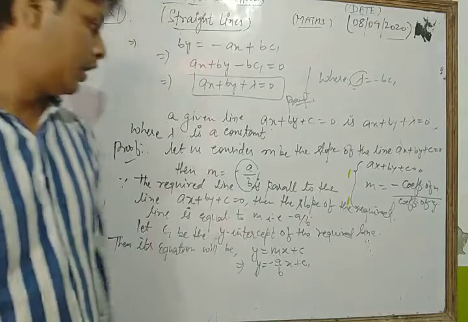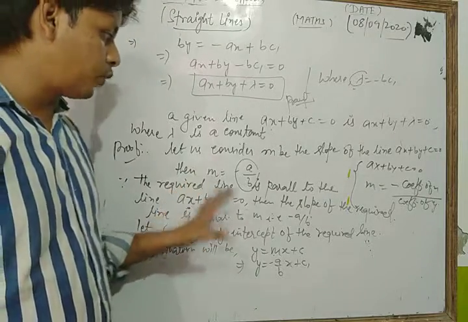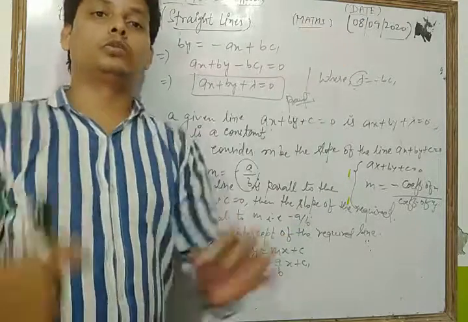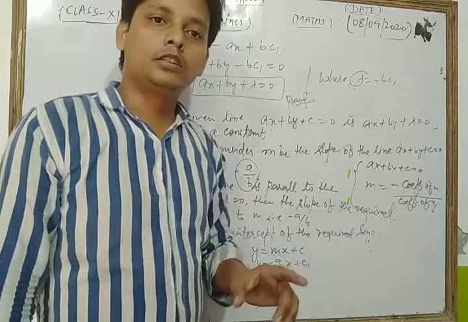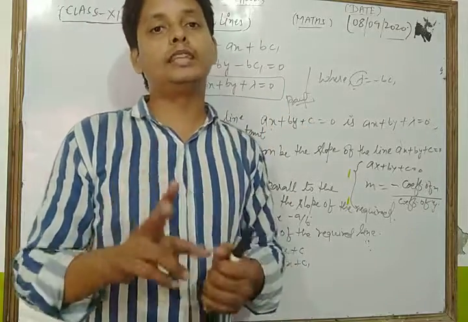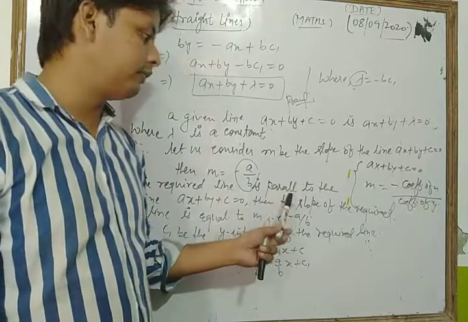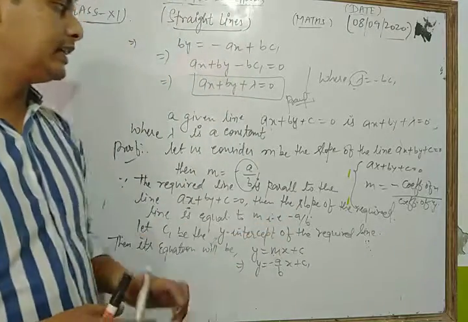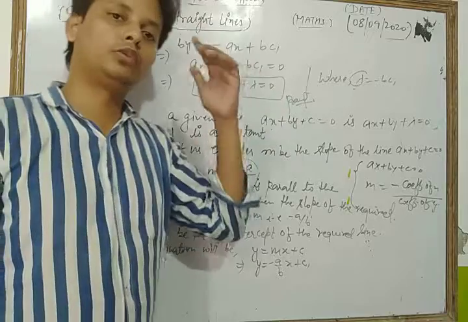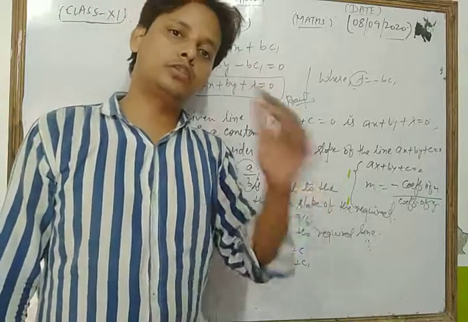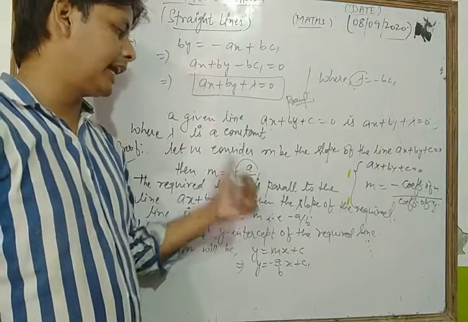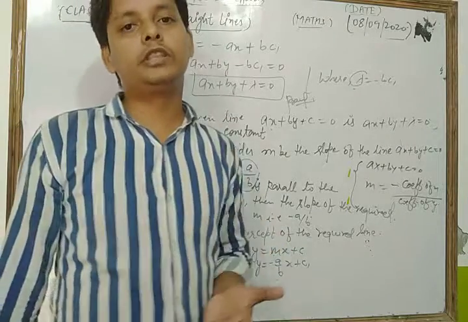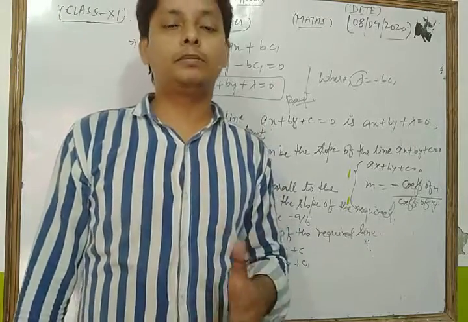Now let's see the required line. Dear students, since the required line is parallel to the given line, and if two lines are parallel to each other, then their slopes will be the same. So the slope of the required line is the same as the slope of the given line, that is minus a upon b, and let c1 be the y-intercept of the required line.